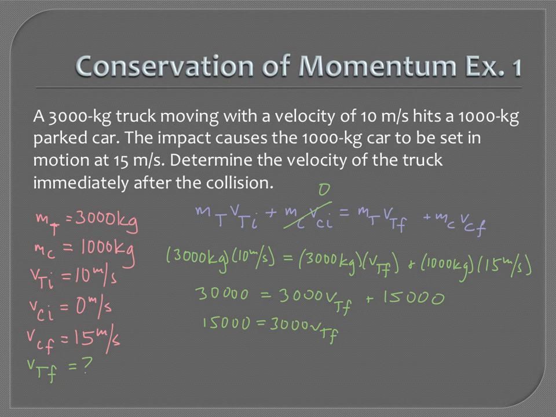Divide by 3,000, and you should get that VTF is equal to 5 meters per second. Okay, that makes sense. And it's positive, meaning they're both moving in the same direction afterwards. So he rear-ended that parked car and they both moved together.